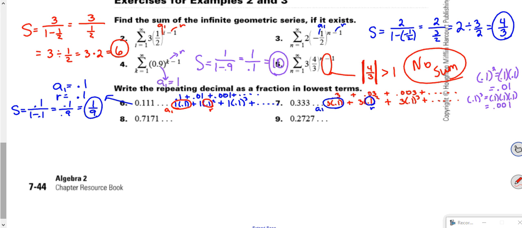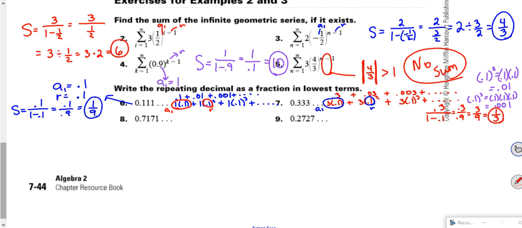So now if we use our handy dandy formula, we have 0.3 over 1 minus 0.1, which is 0.3 over 0.9, which is 3/9, which is 1/3. So number 7 would be 1/3. Anytime you have a fraction, you've got to make sure it's in simplest form. And we know that 0.33333 repeating is the fraction 1/3. That just kind of proves it.